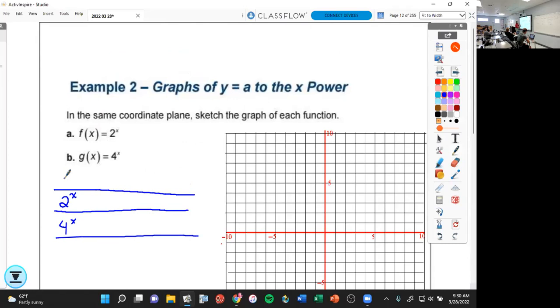And let's go with some x values. -3. What's 2 to the -3rd power? Should be like 0.125. Okay. Which is 1/8.